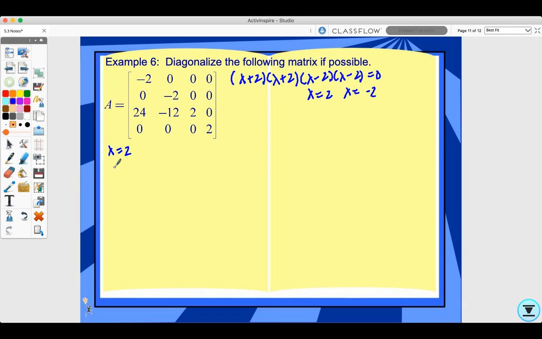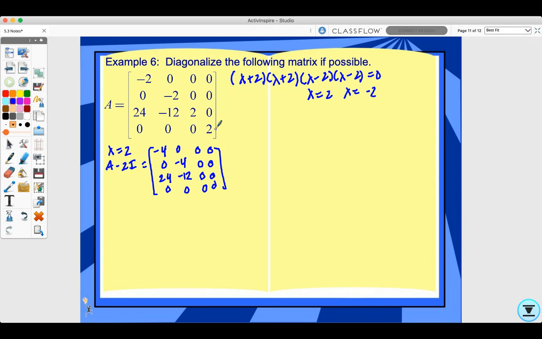And when I do that, I would have A minus 2I, which would equal negative 4, 0, 24, 0, 0, negative 4, negative 12, 0, 0, 0, 0, 0, and 0, 0, 0, 0.